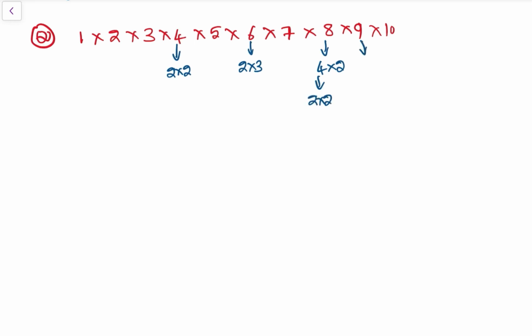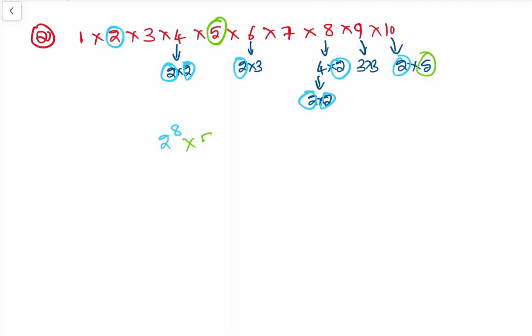Then 9 is 3 into 3, we cannot break down, 10 is 2 into 5. So count the number of 2's: 1, 2, 3, 4, 5, 6, 7, 8. So 2 to the power 8. Then count the number of 5's: 1 and 2. Only two 5's, so 5 square.